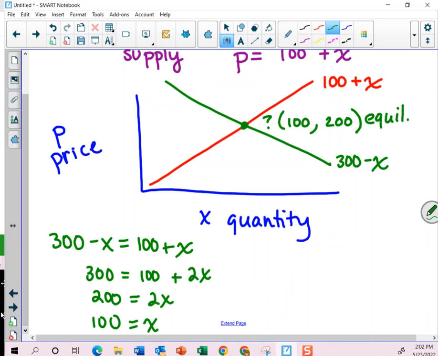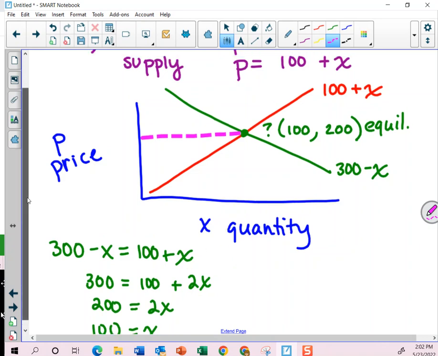So whether you graph them and let Desmos or the graphing calculator tell you the intersection, or you approach it algebraically and set them equal to each other, in this case they're both linear, so it's pretty easy. Look at the scale, whatever you do.